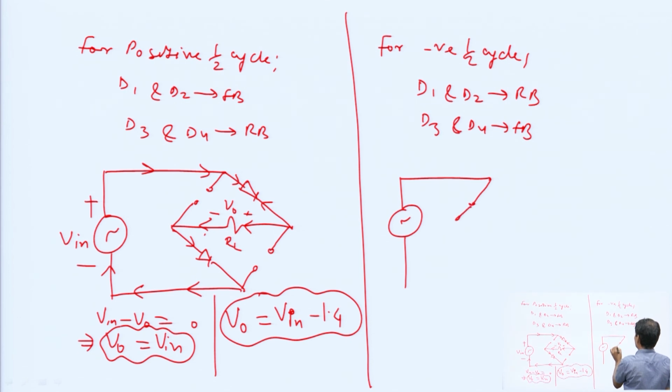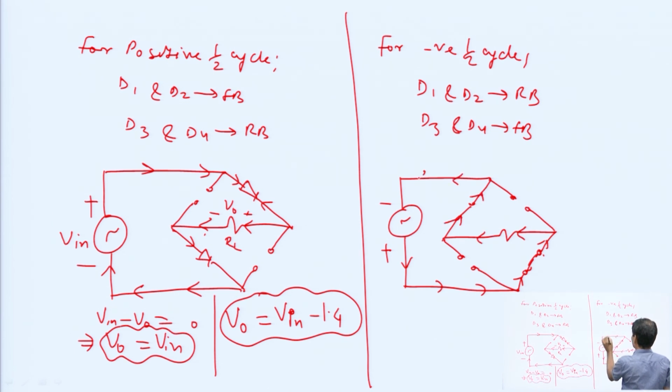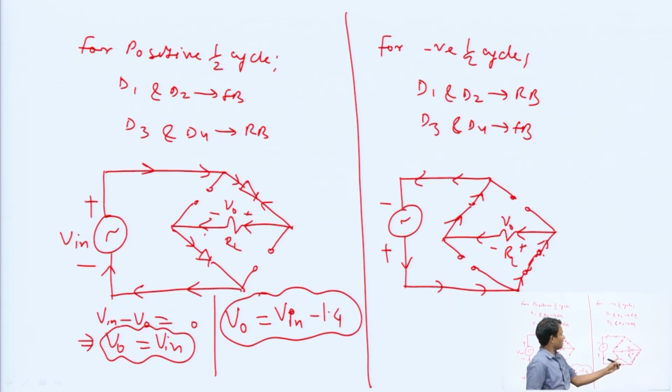Here these two diodes will conduct, and these two diodes in reverse bias are open circuited, and here plus and minus, the direction of current is like this, and here load resistance, and here plus and minus, this is RL, this is V naught, and here the direction of the load current is still from right to left. This means the polarity of output voltage is the same in both cases, and this is the mandatory criterion.